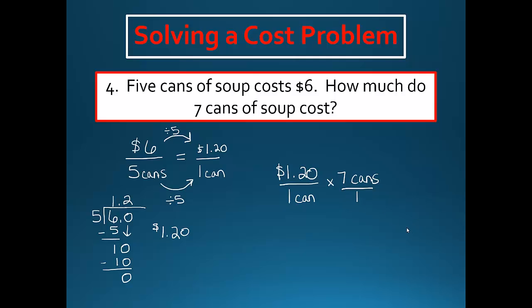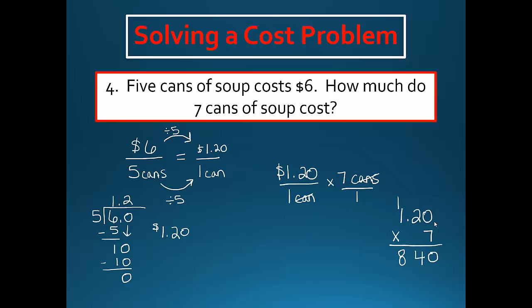We can do a 1 underneath the 7 cans to make it a fraction. We will cancel out the cans, the label, and then we need to multiply $1.20 times 7. So $1.20 times 7. 7 times 0 is 0. 7 times 2 is 14. 7 times 1 is 7, plus 1 is 8.